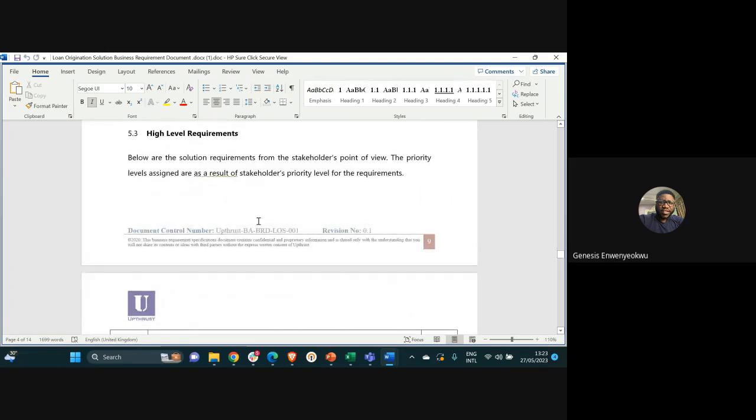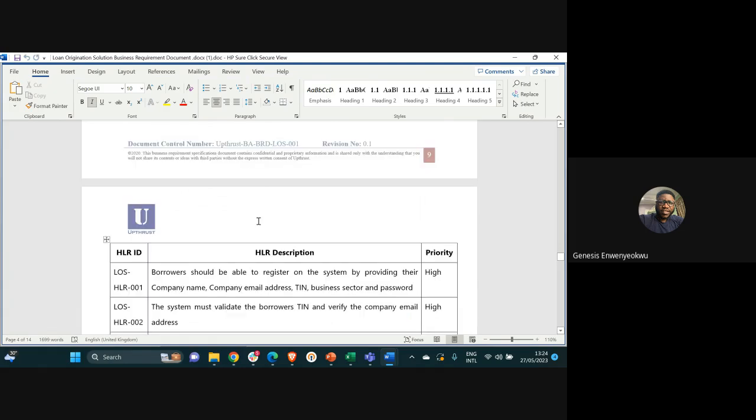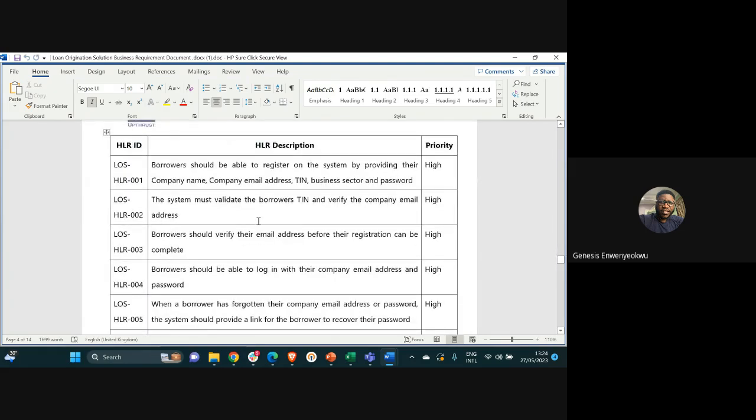Then 5.3 is where we talk about the high-level requirements, HLR. So we basically capture the requirements on how the stakeholders want the system to function, right? In this section, remember we talked about requirements being uniquely identifiable.